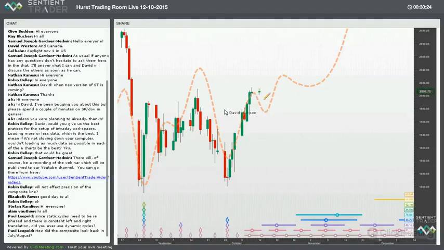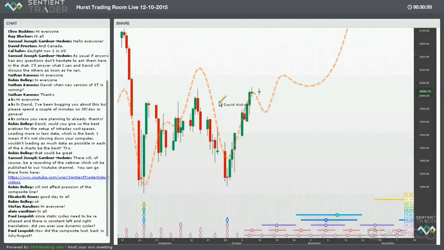The composite model line, how does it relate to price? The way in which it actually relates to the specific price level is that the composite model line is rooted to price at the beginning of the analysis, which in this particular case, and we'll zoom all the way out in a moment and take a look, was a long time ago. I think it was 12 years ago or something like that.